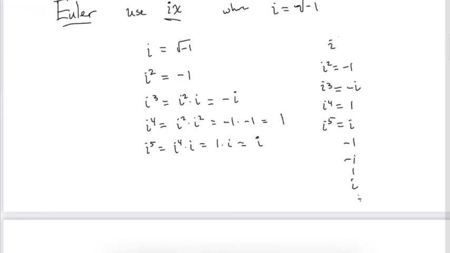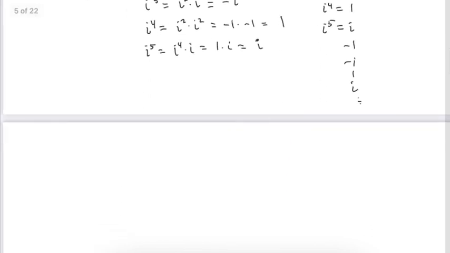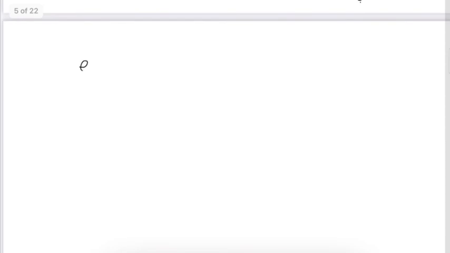All right. Anyway, here's Euler's big idea, or somebody's big idea. What if I use ix in this series for e? e to the power ix. What are you going to get? Well, I'll write the series for e to the x again. It's 1 plus x plus 1 over 2 factorial x squared plus 1 over 3 factorial x cubed.